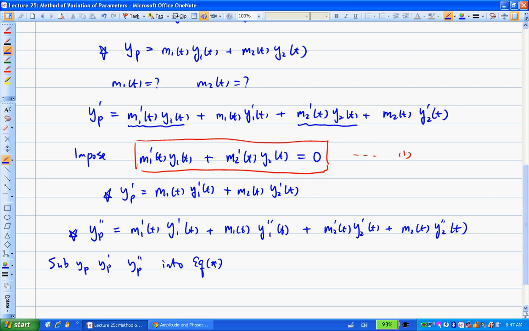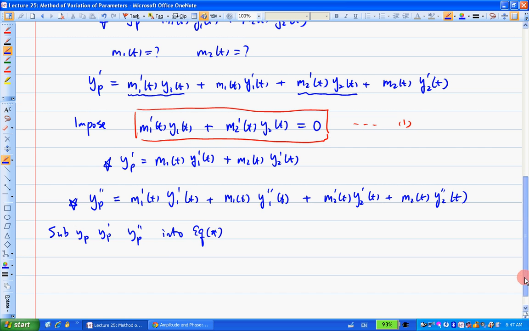So you substitute into it and combine all the similar terms. Every term associated with m1 prime, you take the m1 prime out and group all the similar terms.